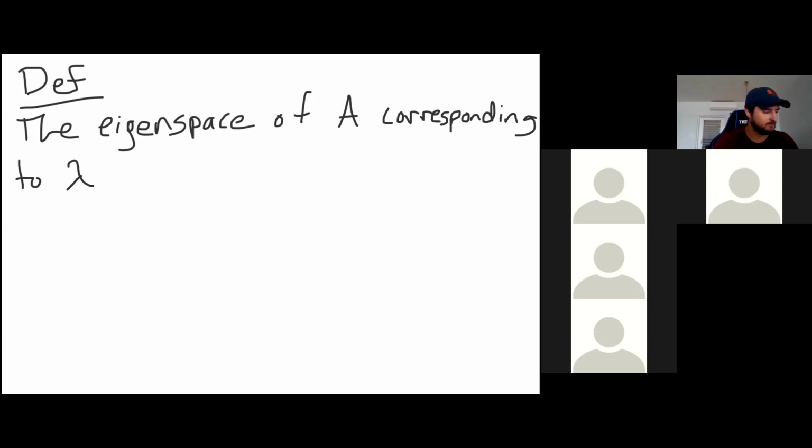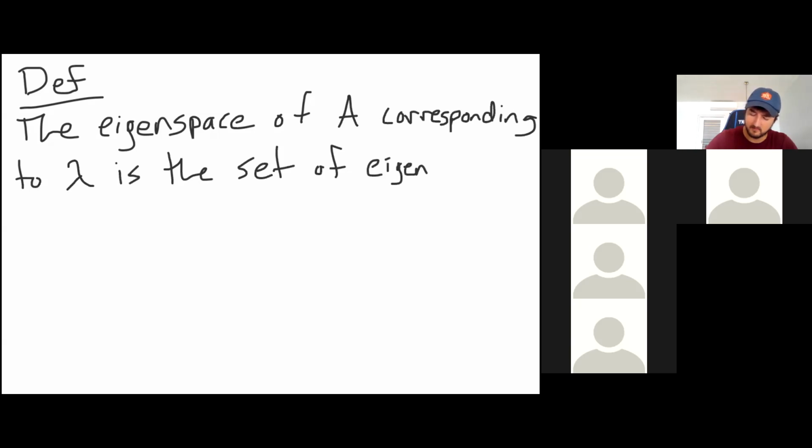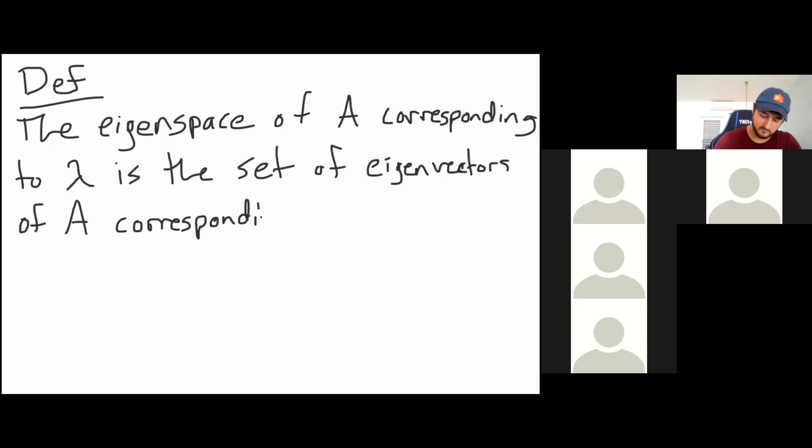It is the set of all eigenvectors of A corresponding to lambda, together with the zero vector.